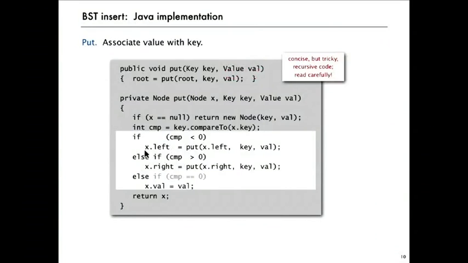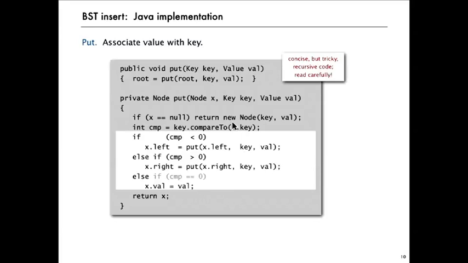We change our left link, which right now is null, to whatever put returns. So what's put going to return? Well, that left link is null, so in that call, X is null. There's going to be created a new node, and the link to that node will be returned, and that's the link that we'll put in the left. This is very concise code that otherwise would have to have various cases about saving which link we went down in order to reset that later on.